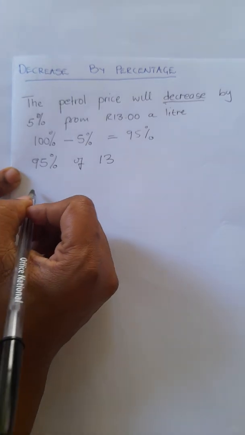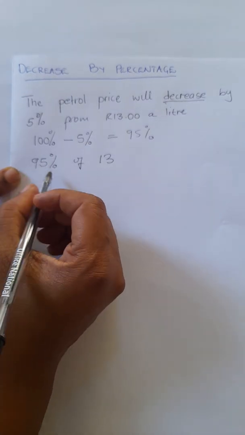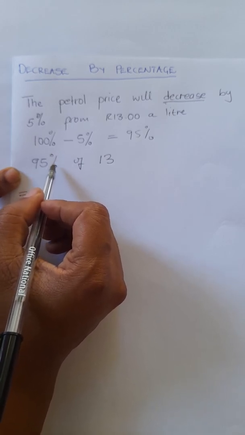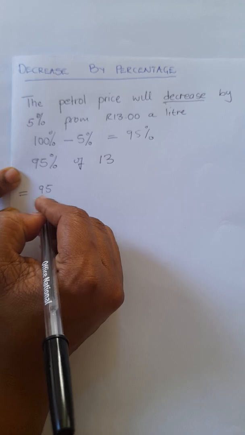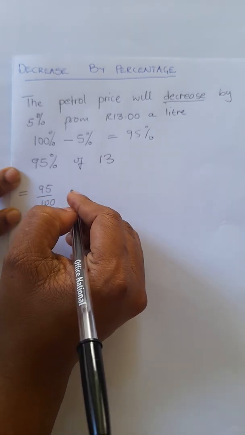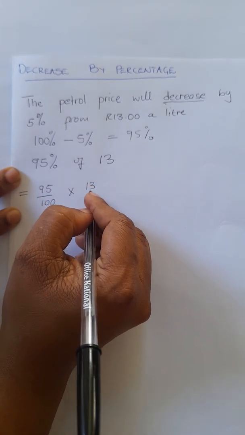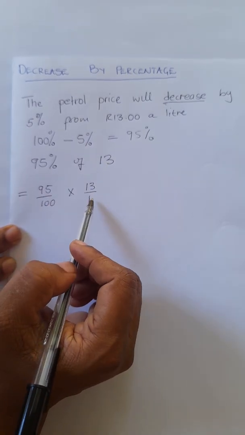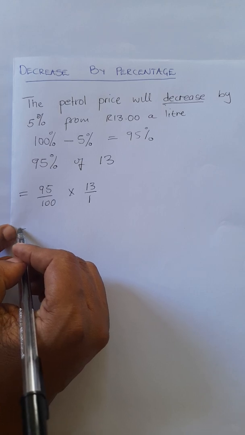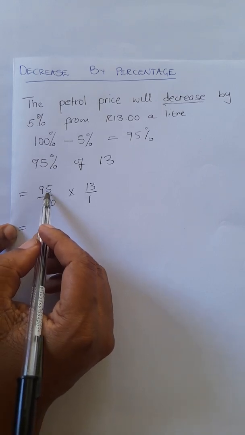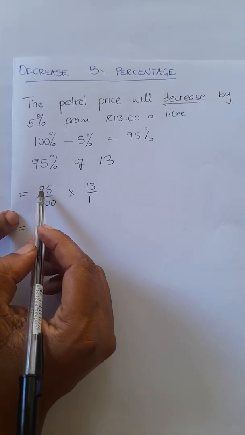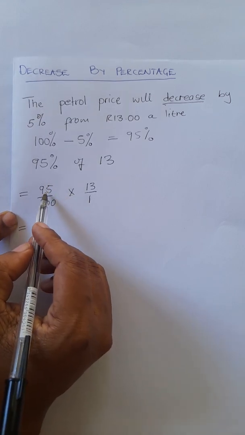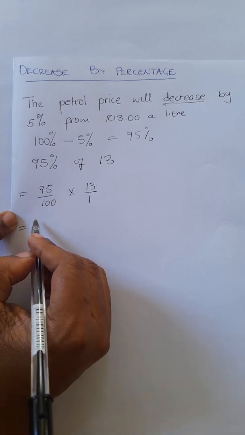Okay, and then now we're going to do what we did in lesson 1, lesson 2. Percent means divide by 100, so it's 95 divided by 100 multiplied by 13 over 1. We have to convert the whole number into a fraction. Now we need to rewrite 95. 2 cannot go here, 3 cannot go here, but 5 can go into 95.